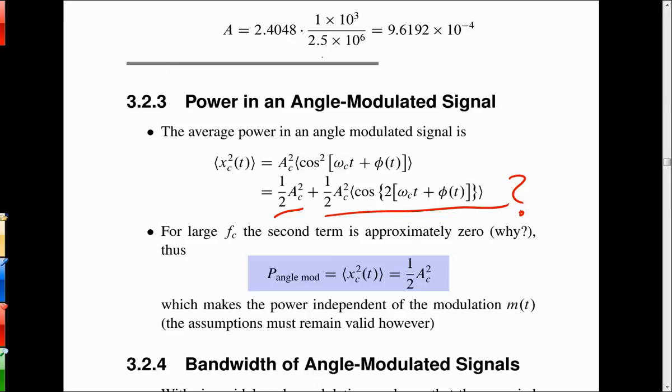But if you think about the spectrum, I'm just going to draw the one-sided spectrum. We're getting a large spike here at 1/2 AC squared, and then at 2 FC we're getting some spectrum, whatever the shape happens to be. But as long as the bandwidth of that signal sits above DC, the average value operator is just looking to extract the DC component.